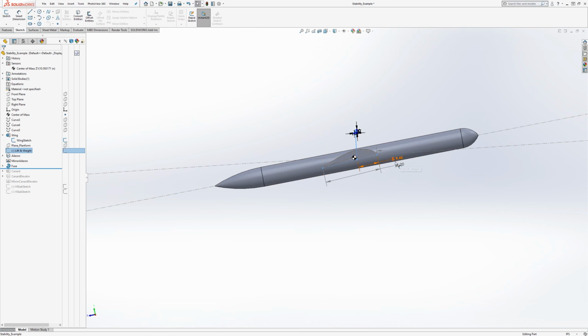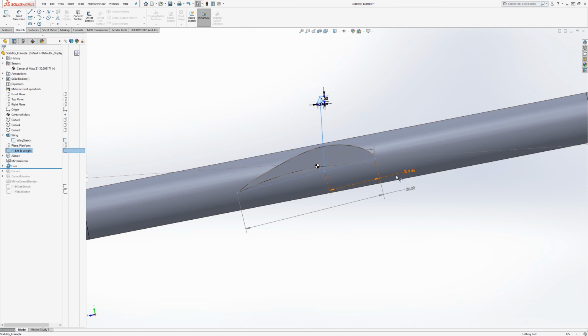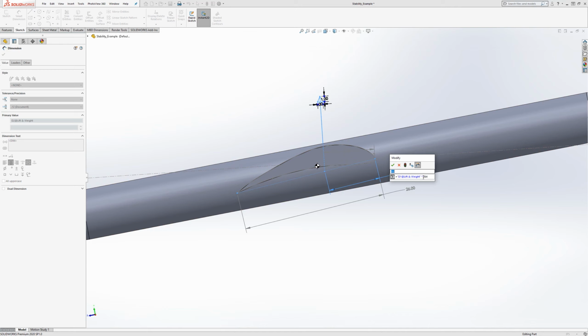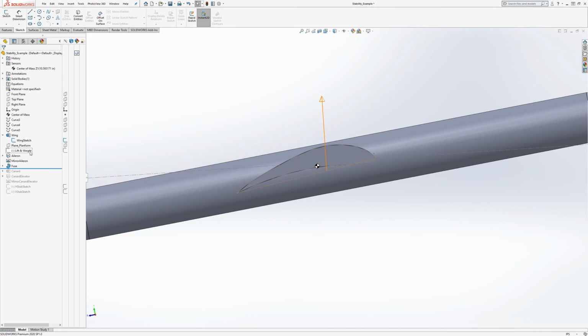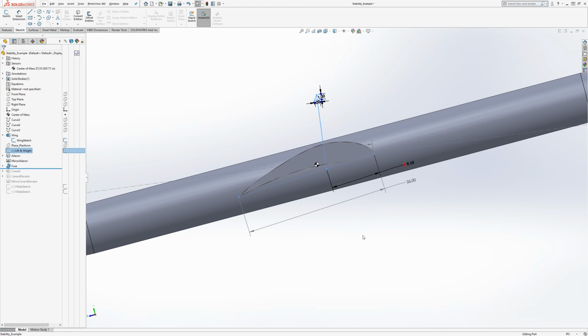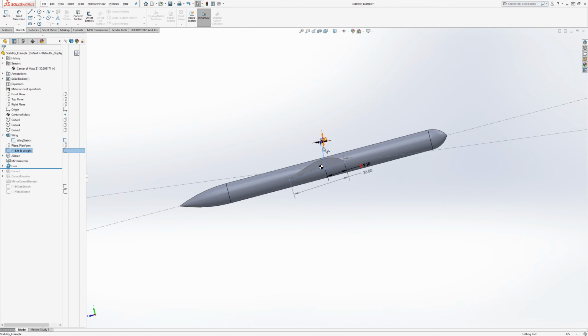So that torque is only going to increase. So it moves forwards even farther. So it's going to want to pitch up even more. And on top of that, the lift value is getting higher too because of the increased angle of attack.